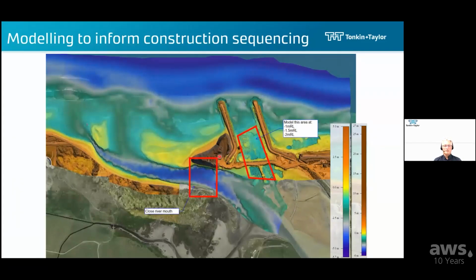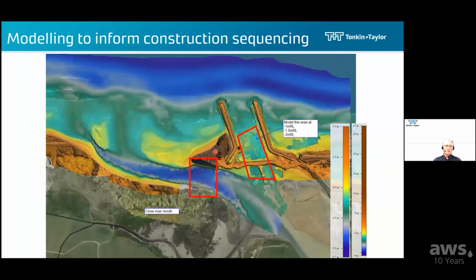Once we started opening this river mouth, this whole western breakwater and stockpile became an island, and we couldn't get any more material onto it. This material then had to be used to form the closure across the existing river mouth. So open here and start closing over here.